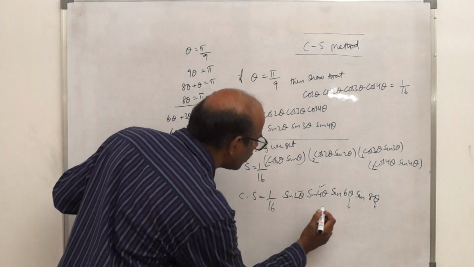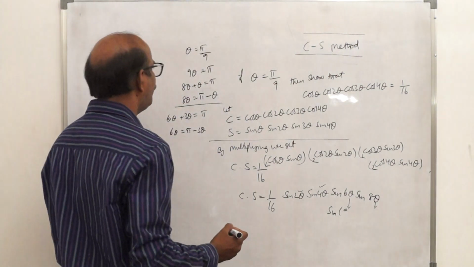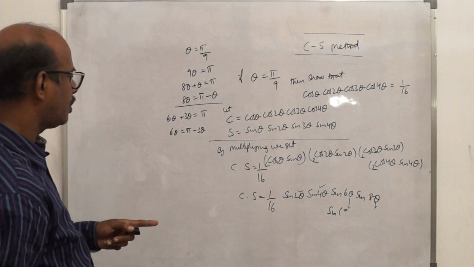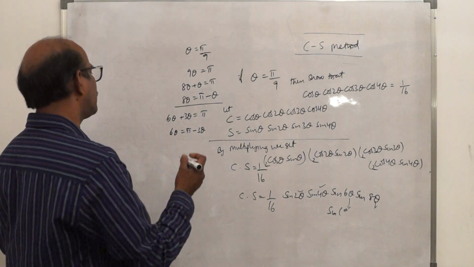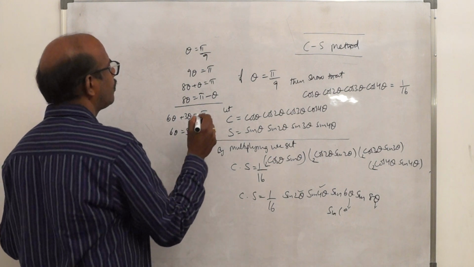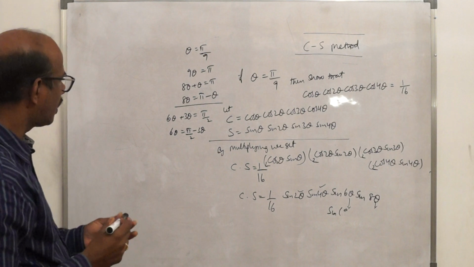Sorry, 9 theta is pi, that is the correct one.